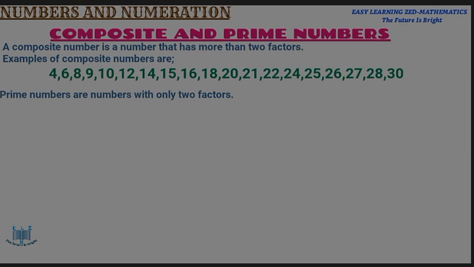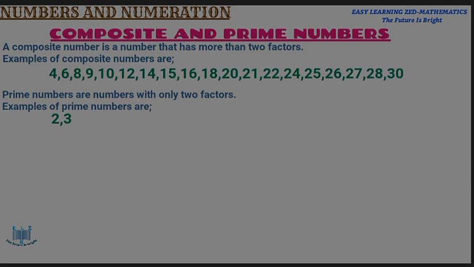So examples of prime numbers between 1 and 30 are, 2. 2 is a prime number. It has 2 factors which are 1 and 2. 3 also is a prime number. It has 2 factors which are 1 and 3.